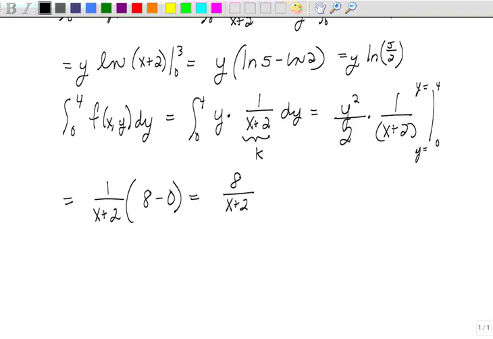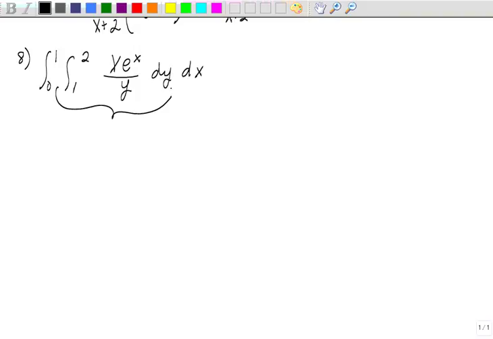Okay, let's look at number 8. 8 is a double integral from 0 to 1, 1 to 2, of x e to the x over y dy dx. The first thing we're doing, when we do it with dy, is x is constant. So x e to the x is constant.